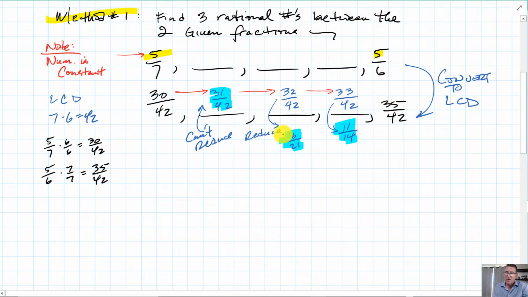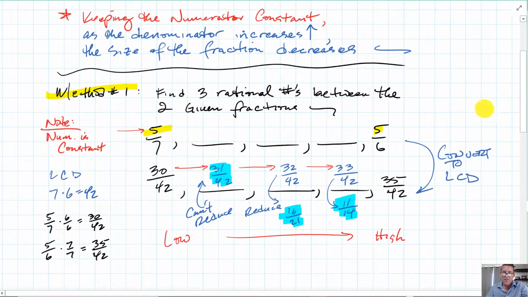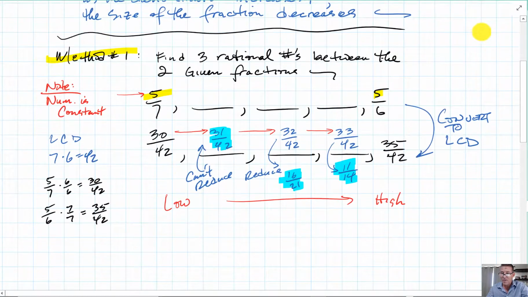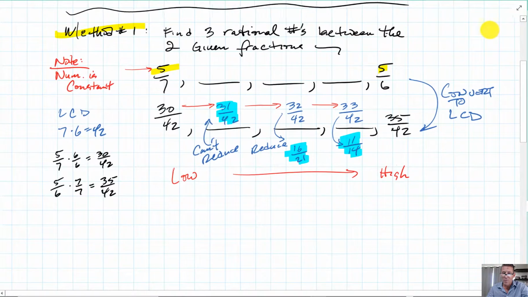So we're going from low to high, okay, because this is smaller than this. First basic idea. So that's what anybody that knows anything about fractions would do. Just increase the size of the numerator and boom, there you have it.